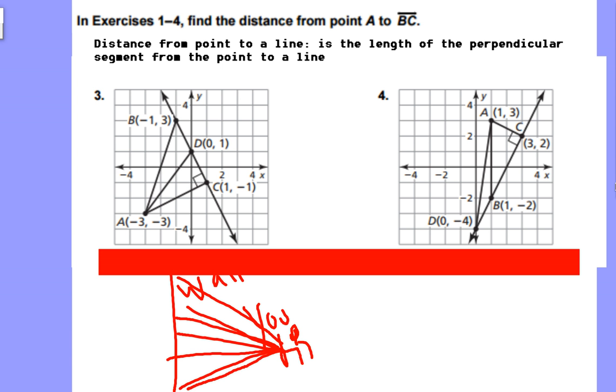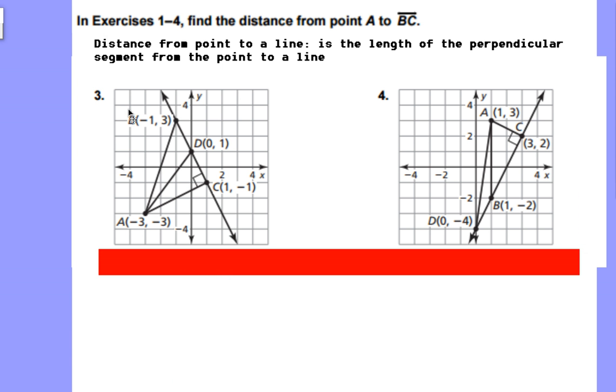So when we see situations like I have here on the screen, what we end up seeing is we have three pathways. And the question is, find the distance from a point to a line, point A to the line. Well, point A goes to line BC in three different pathways, but I only care about one of them if I'm finding the distance from the point to the line in general.